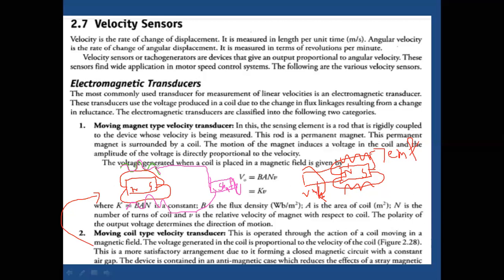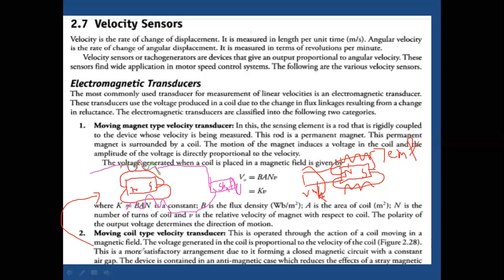Whenever the coil is rotating at a certain velocity, it cuts the magnetic flux produced by the permanent magnet, and there is a chance of inducing some electromotive force within the moving coil.